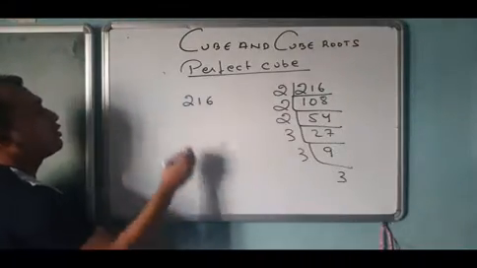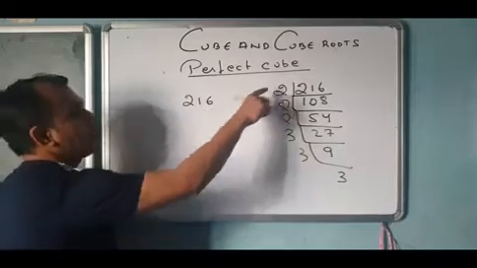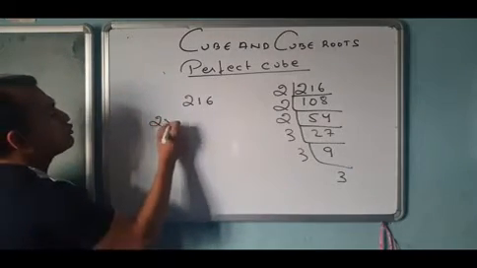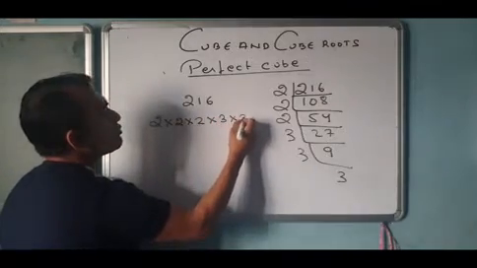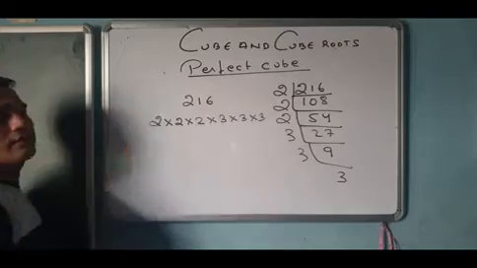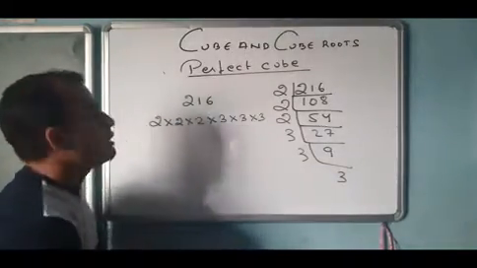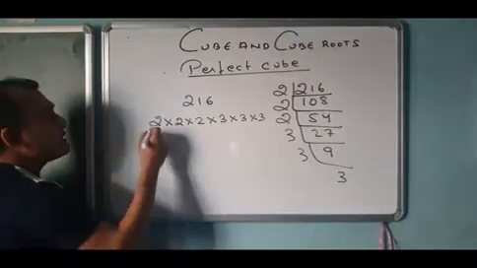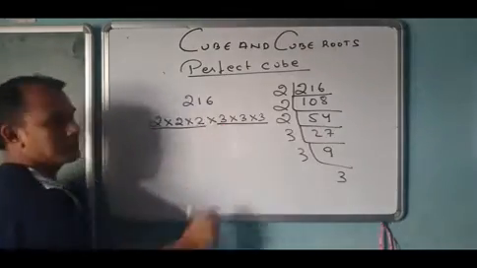So here this 216, when it is factorized, can be expressed as 2 into 2 into 2 into 3 into 3 into 3. Now here again, once its prime factorization is obtained, you can see that the equal factors can be expressed as a group of triplets.